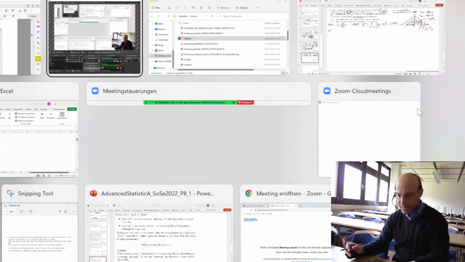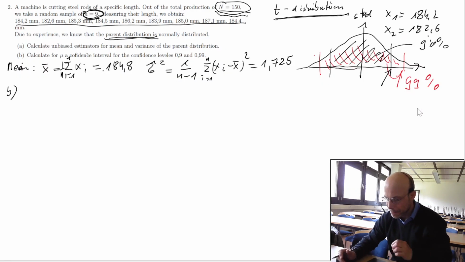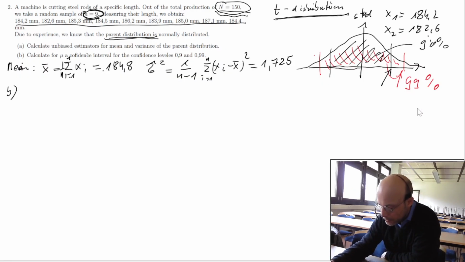Then you have to keep in mind we want this black area to be 90% and the red area to be 99%. So what is then the area of the tails?